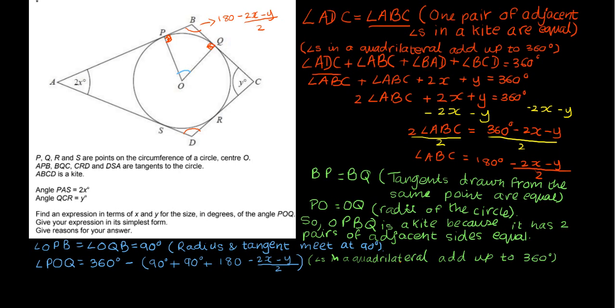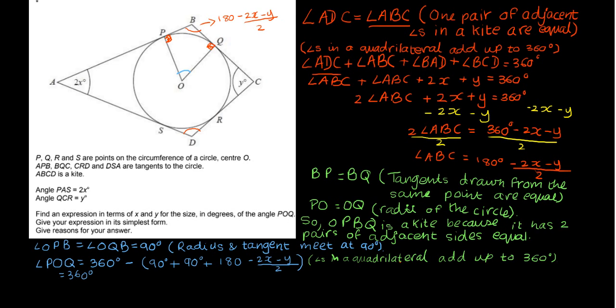Now I need to simplify this bracket. Let's go back to blue. So that will be equal to 360 degrees minus, when I add these up, 90 and 90 is 180, and 180 and 180 is 360.